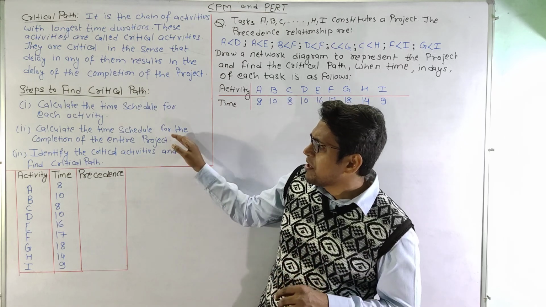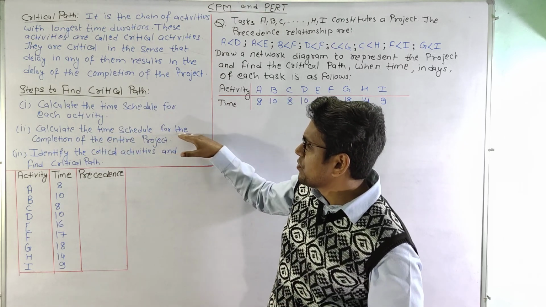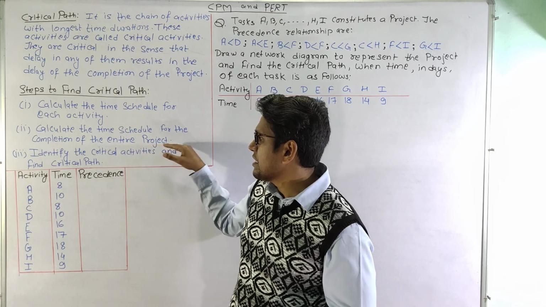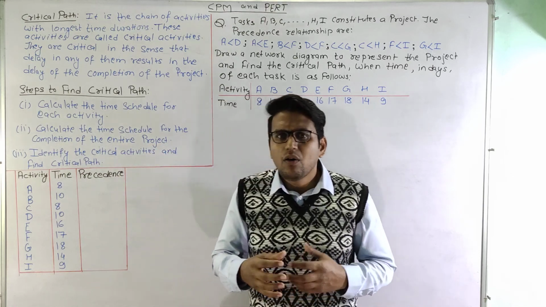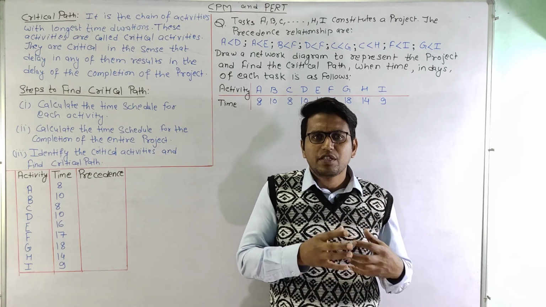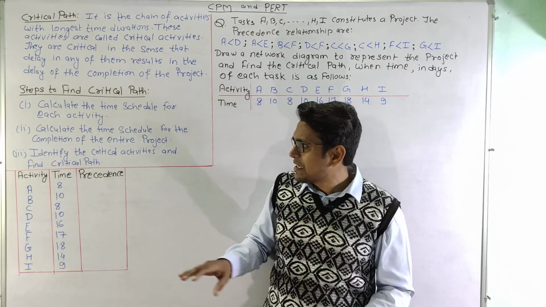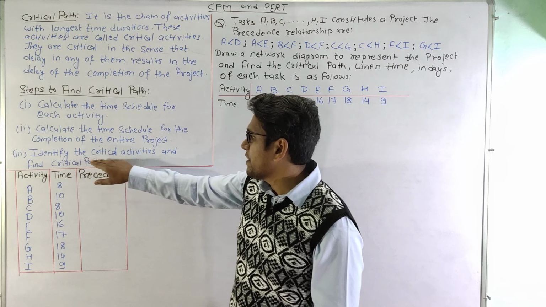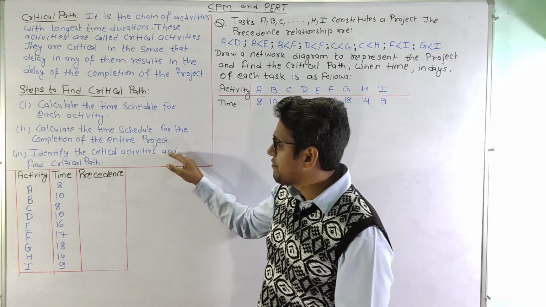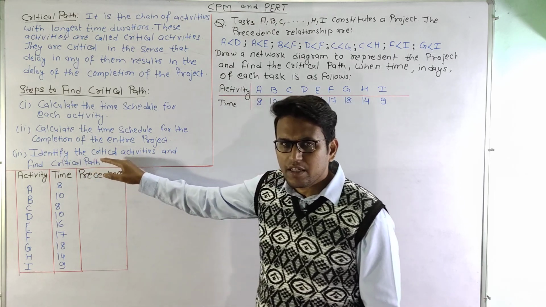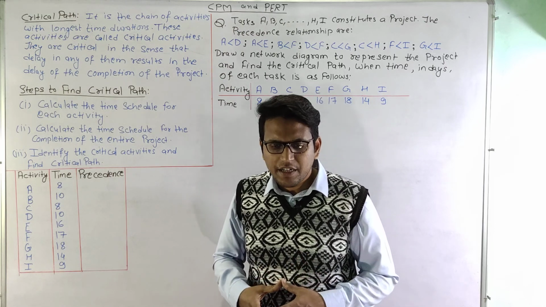Now the second step is to calculate the time schedule for the completion of the entire project. In this step it involves the calculation of the project completion time. And finally step 3, to identify the critical activities and find the critical path. So let us begin here.